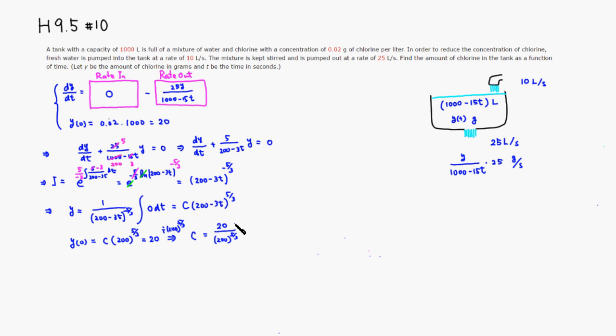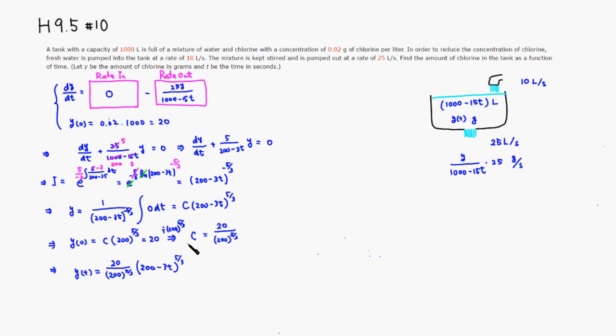Therefore, y of t is equal to 20 over 200 raised to the 5/3 power, times 200 minus 3t to the 5/3 power.